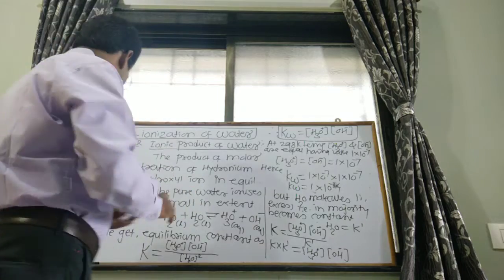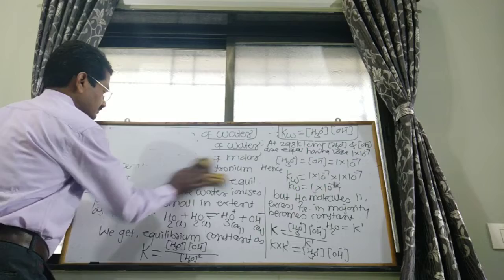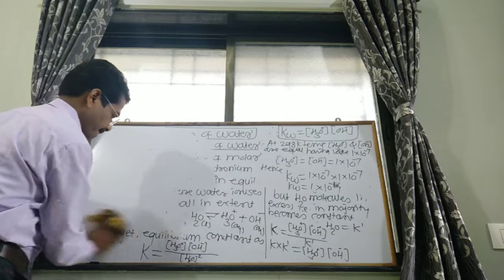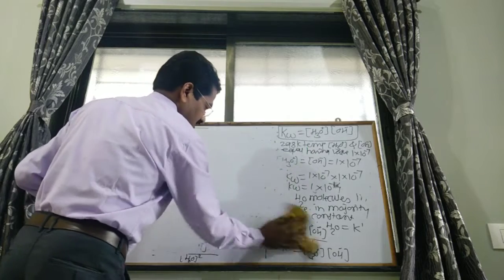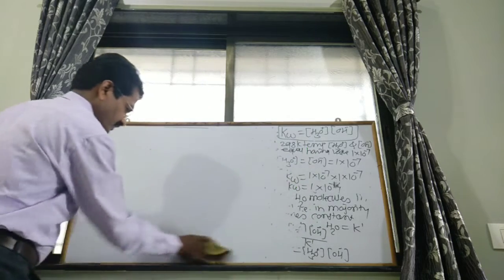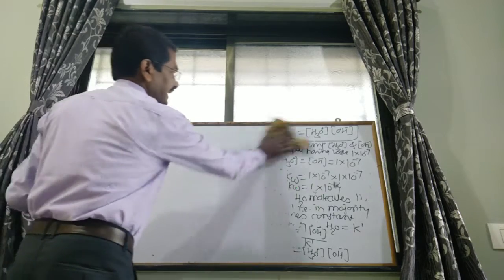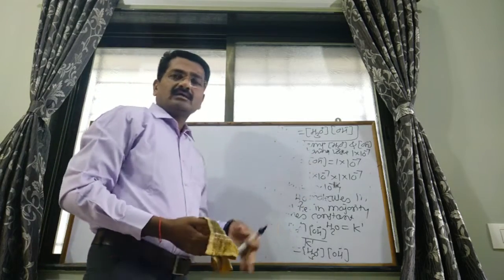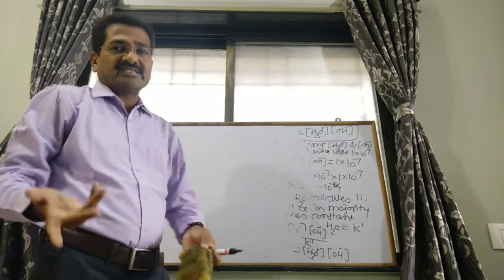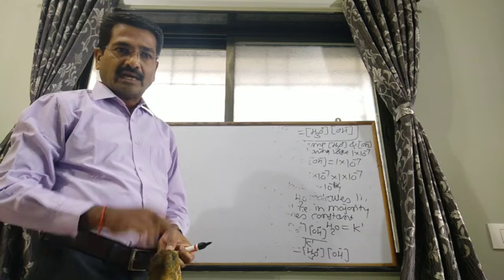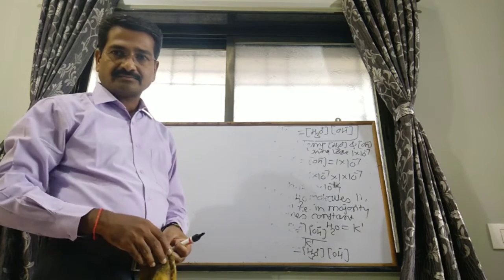Then see the next point, that is the pH scale. You know, a scale means an instrument used for measurements. Length is measured in meter, centimeter.